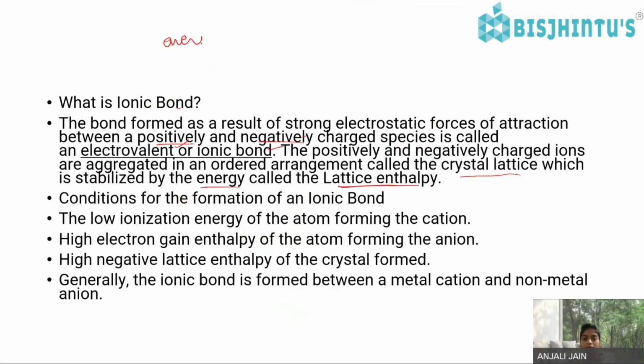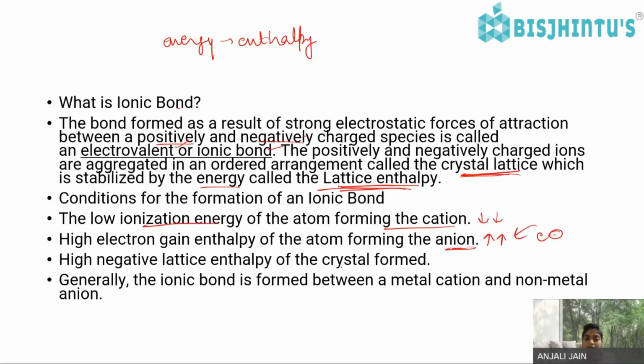Energy is known as enthalpy, and when the ions are arranged in the crystal lattice, that energy is called lattice energy or lattice enthalpy. The atom forming the cation should have a low ionization energy, and the anion should have a high electron gain enthalpy, that is, the anion should gain electrons and the cation should have low ionization energy.